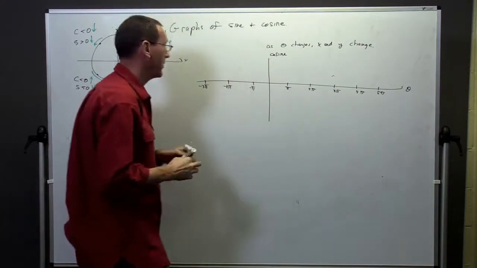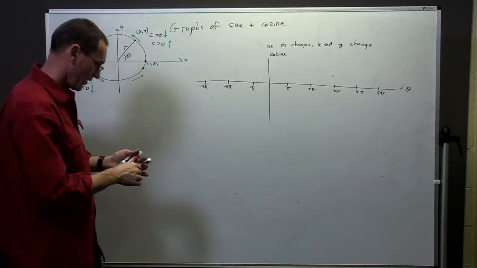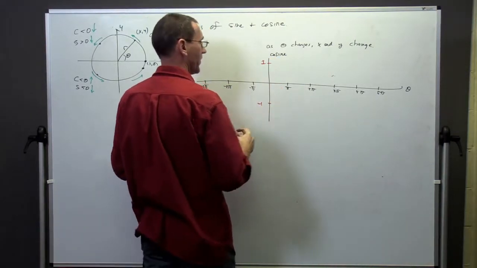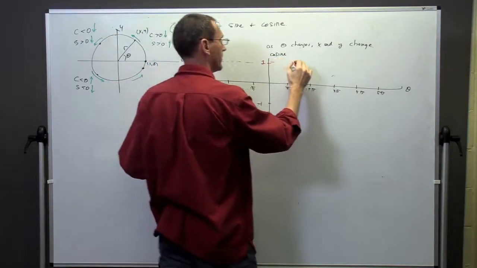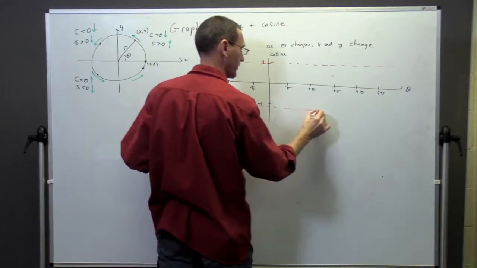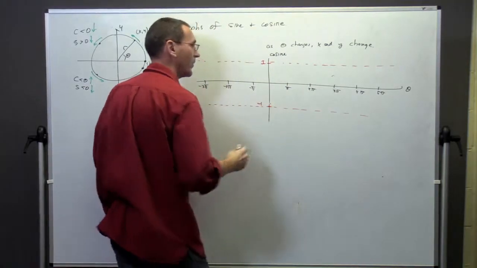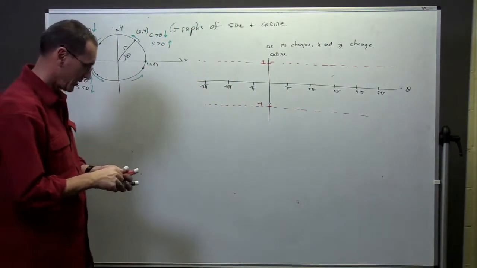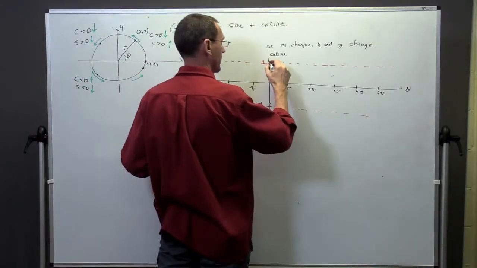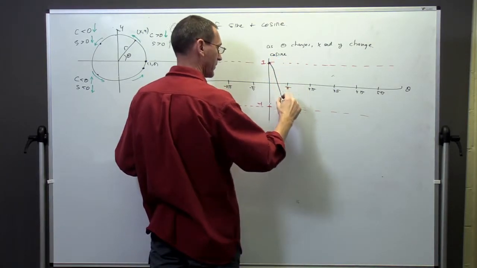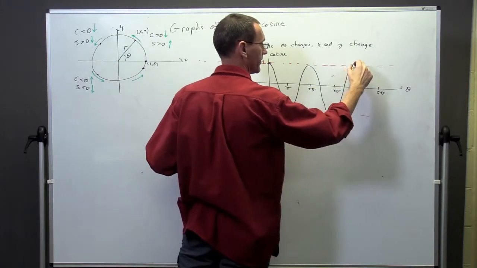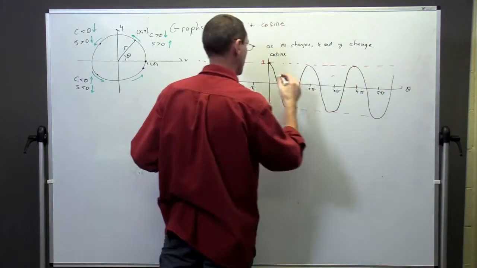Now the cosine goes between plus or minus 1, so it's going to go from 1 to minus 1. Draw that, so that's minus 1 there. Okay, when theta is 0, it's going to start at 1. Going to do something like this.